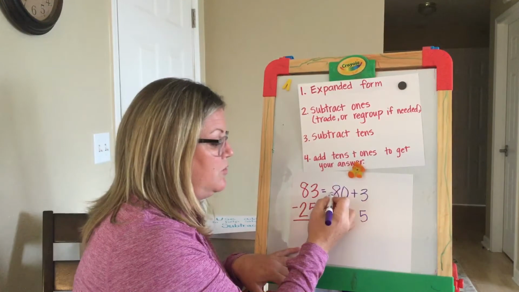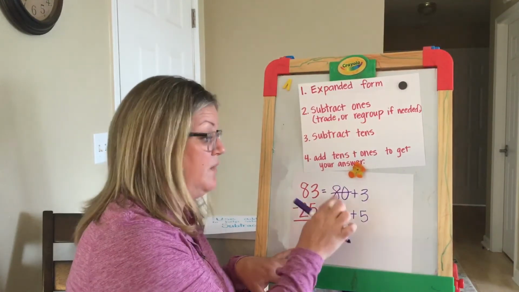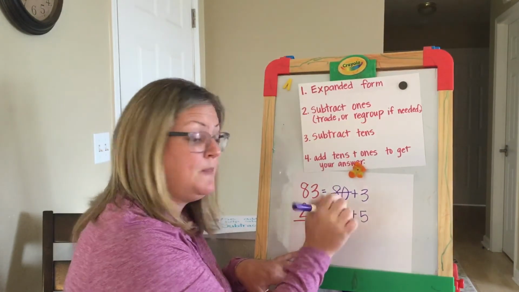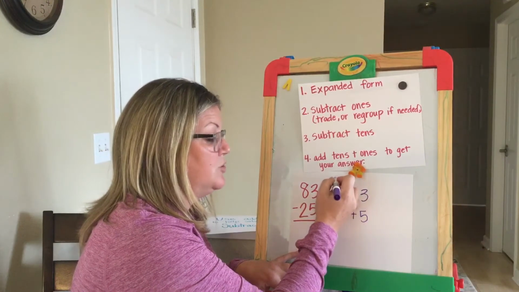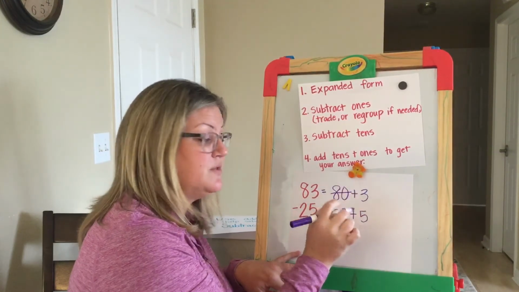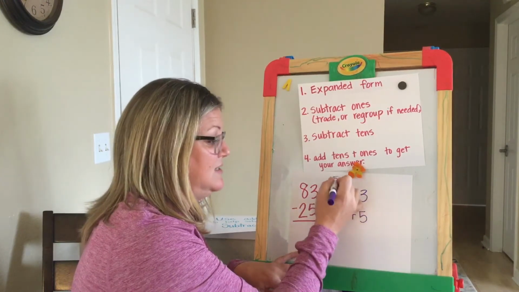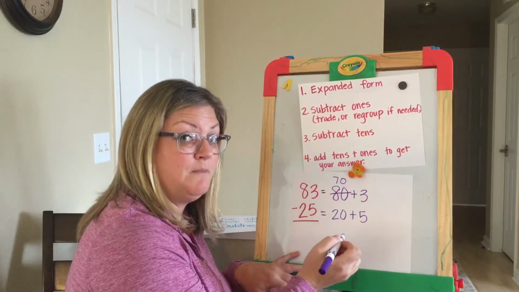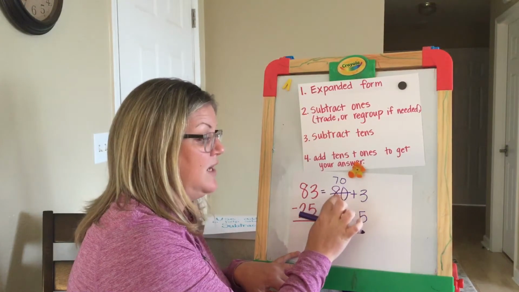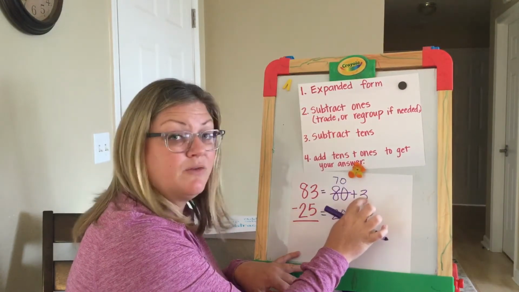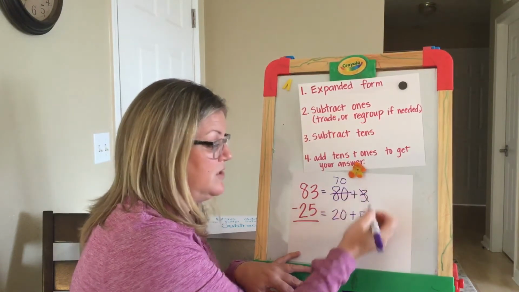So I am going to cross off that 80, and I'm going to take 10 away from that 80 because I'm going to trade it in for 10 ones. So if I take 10 away from 80, 10 less than 80 is the same as 70. Then I'm going to take those 10 that I just took from here, and I'm going to give them over here. So I'm going to cross off this 3.